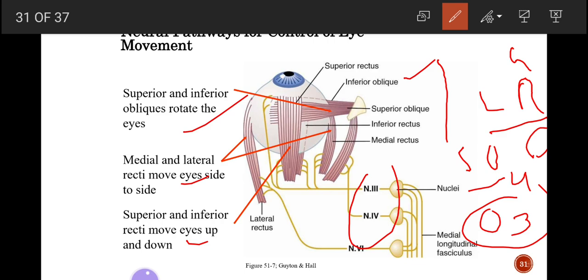There are 2 obliques, the inferior oblique and the superior oblique. They rotate the eyeballs. And what are the recti? The pictures also show the rectus muscles, superior, inferior, medial and lateral rectus, and these work in accordance with their names. But the superior oblique and inferior oblique work opposite to their names.